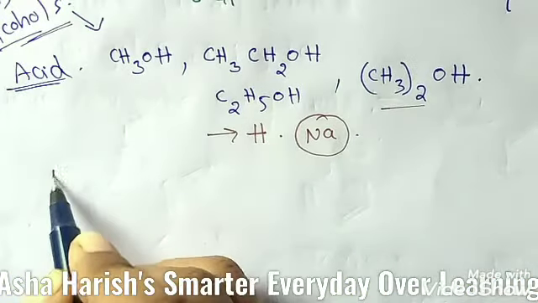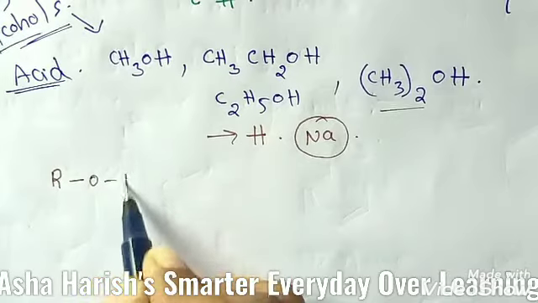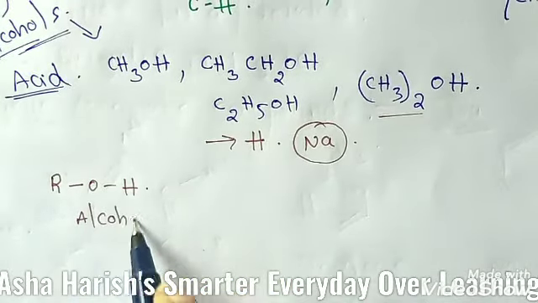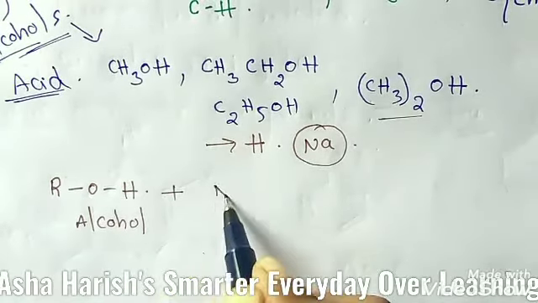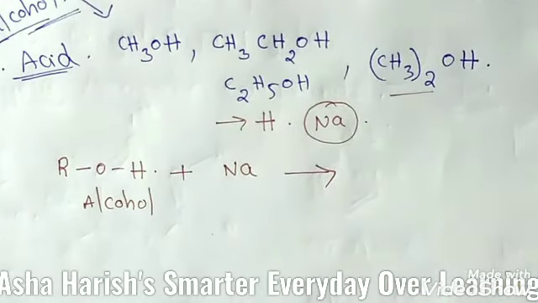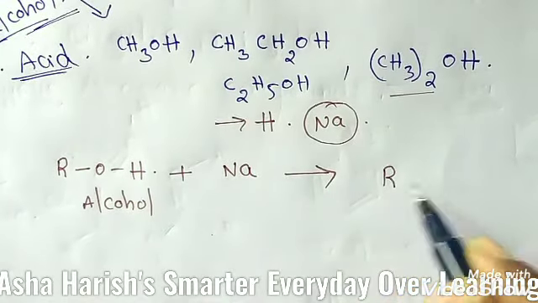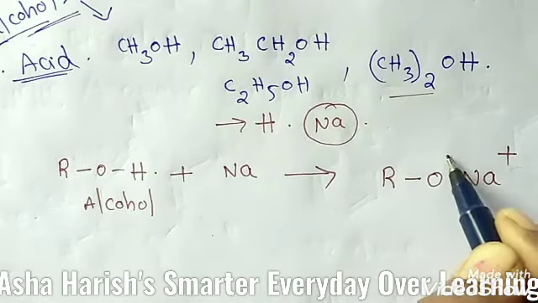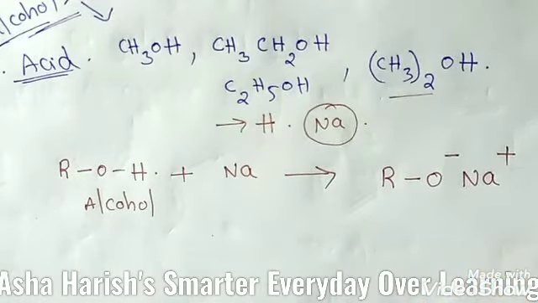Take the alcohol group here, ROH. If you add sodium metal to this, what do you get? Na plus, O minus R, plus H2.